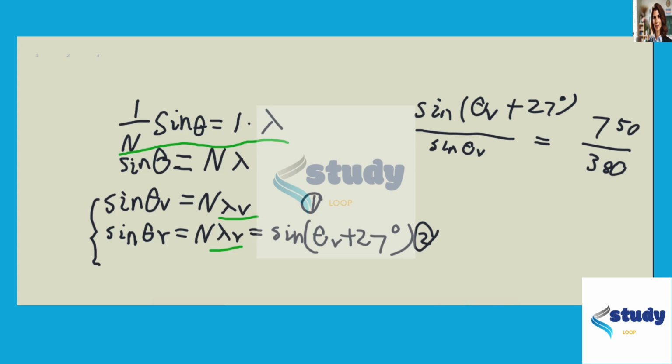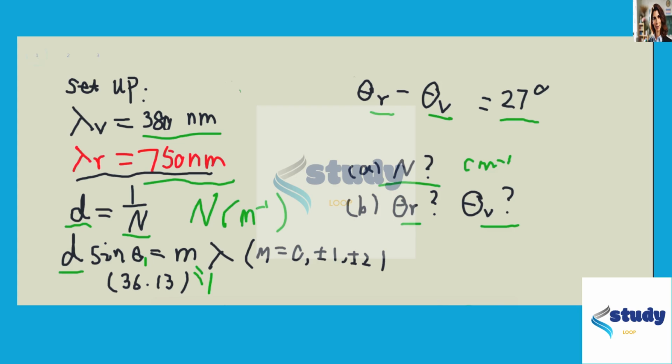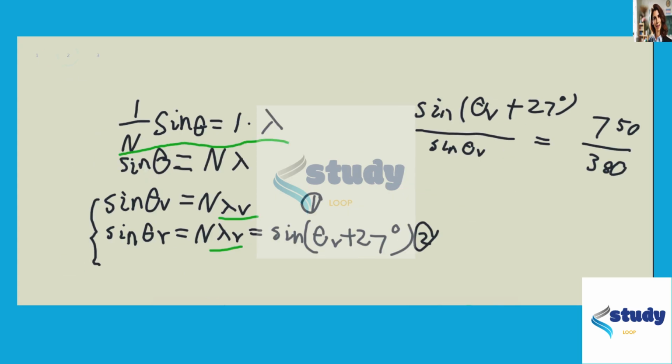We also plug in the relation between theta v and theta r. Recall that theta r minus theta v equals 27 degrees. So we can write sine theta r as sine of theta v plus 27 degrees.